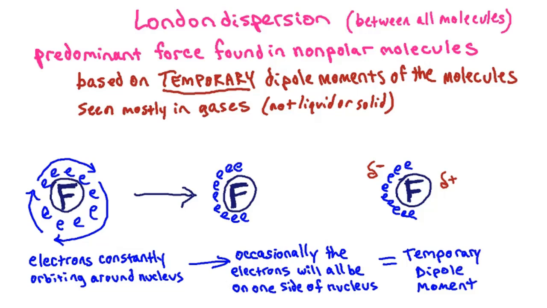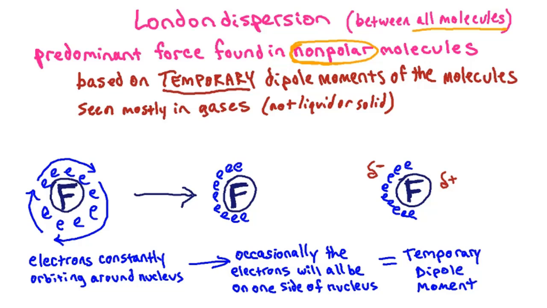So finally we have London dispersion forces, which are also called van der Waals forces. In London dispersion forces, these are forces between all the molecules, but they're the predominant force found in nonpolar molecules, because the molecules that don't have a dipole moment remain neutral.